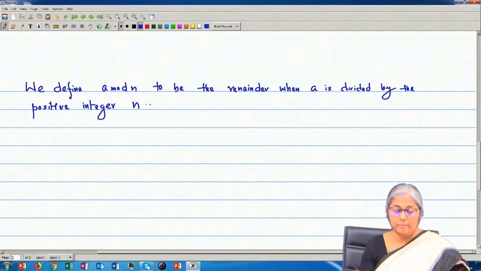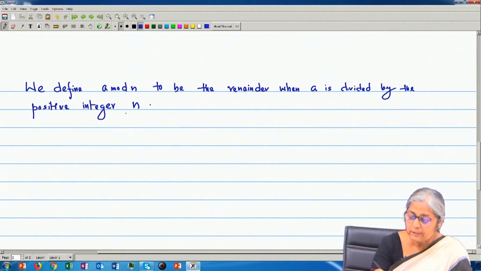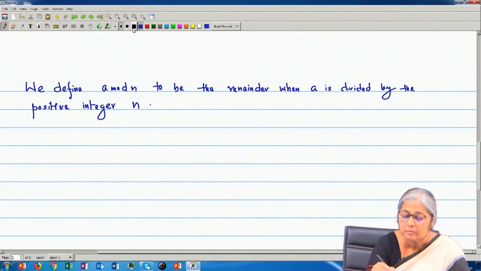So, this is my definition of A modulo n.